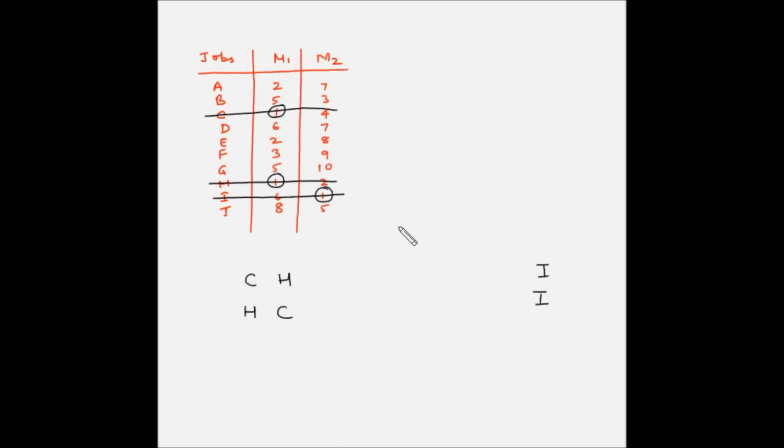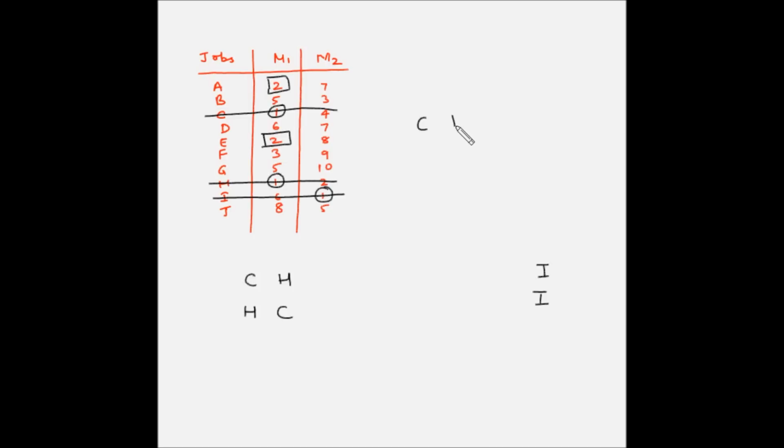Now let's find out the next smallest processing time. So we have 2 for A, 2 for E. So we have a tie again, and both these are on the first machine. So there are two possible sequences again for each of these cases. So let's understand this.